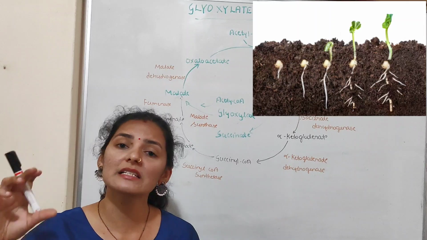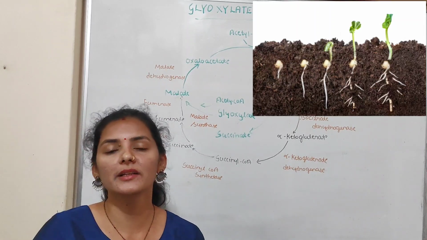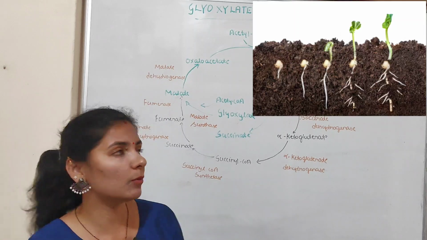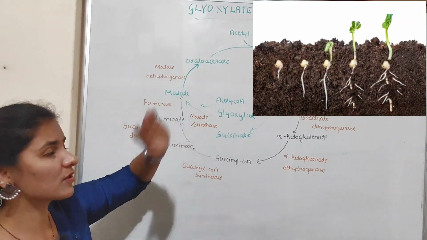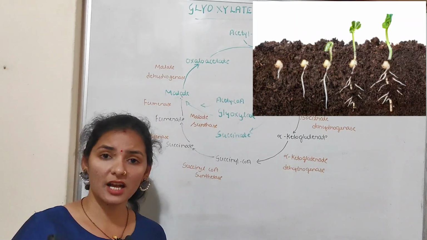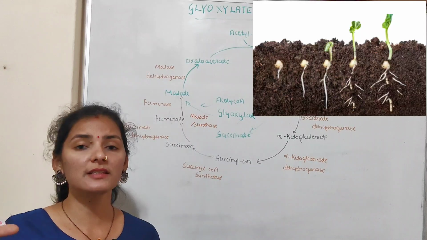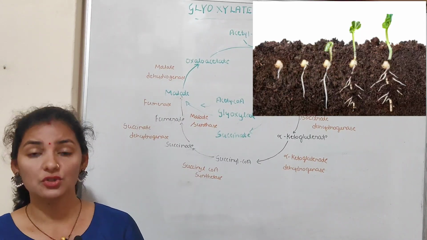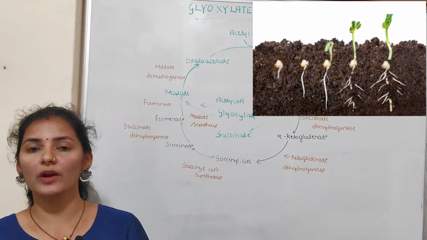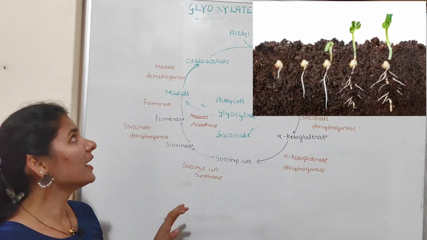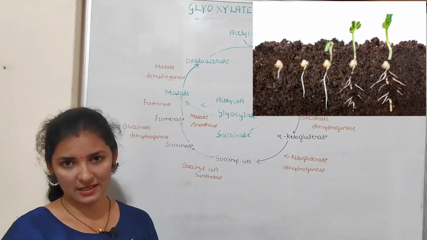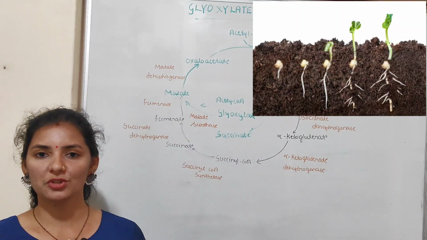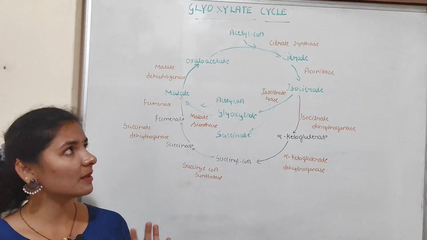That's why the seedlings completely depend on the lipids stored in the seeds, and these lipids will be converted into carbohydrate mainly through this glyoxylate cycle. Later, this carbohydrate will be utilized by the seedlings as a carbon source or source of energy. So conversion of lipid into carbohydrate during germination is done mainly by glyoxylate cycle. That's why glyoxylate cycle plays a very important role in the plant. So that is about the plant.